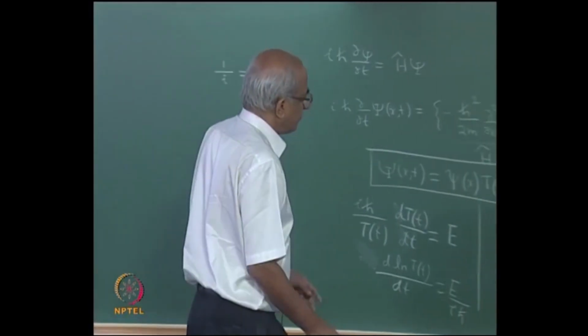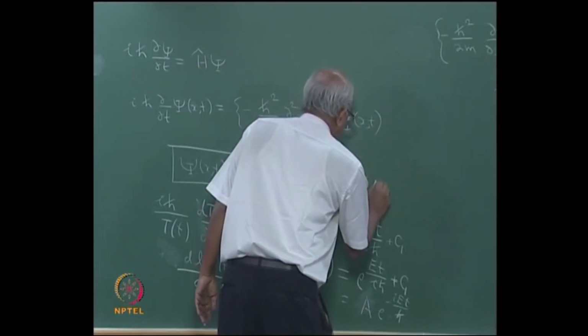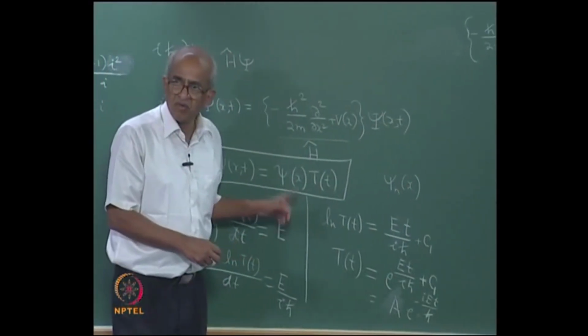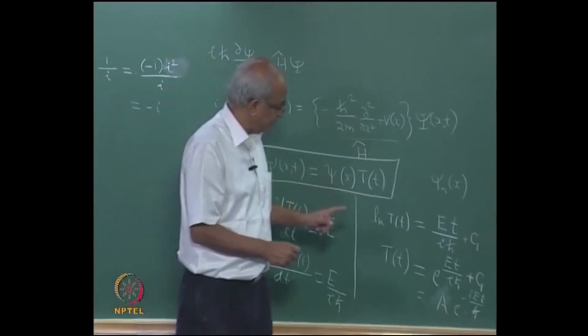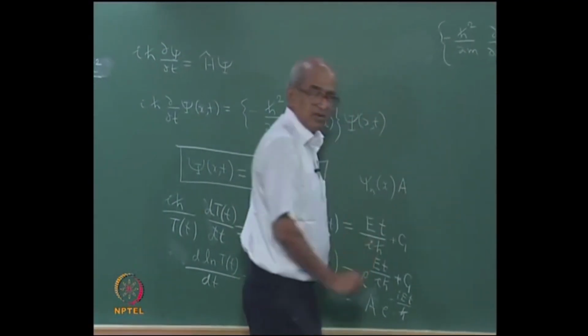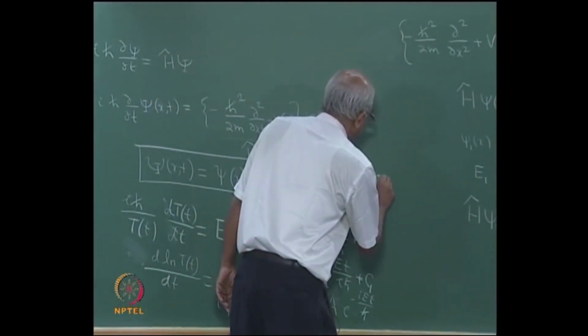So, if I take psi n of x, I will have to multiply it by capital T of t. What will be the expression for capital T of t? It is going to be the constant A, right, e to the power of minus i.